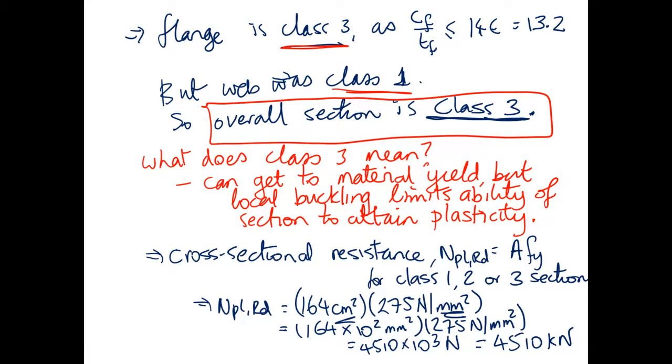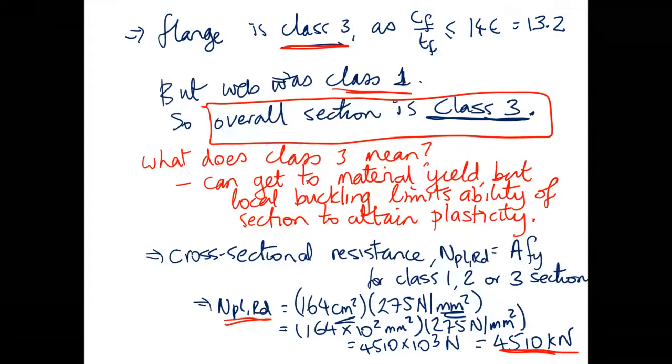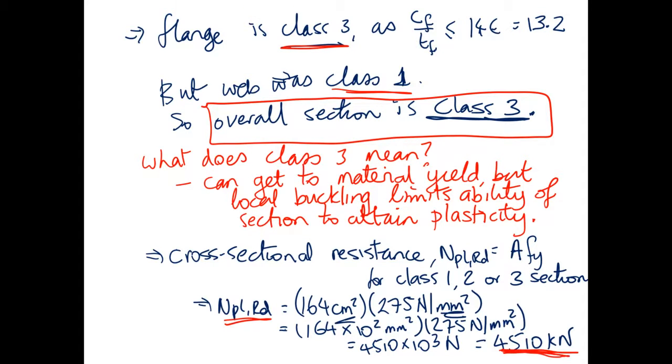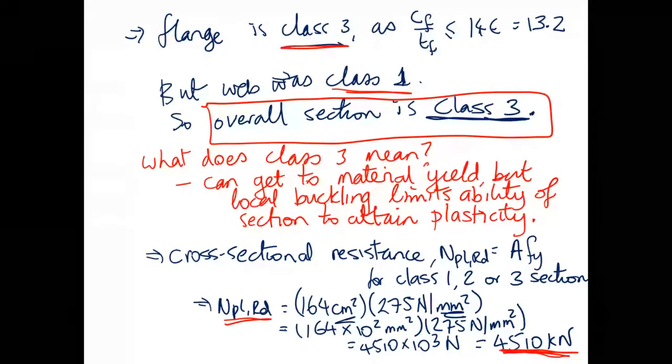So that's the cross-sectional resistance. In other words, that's how much compression load the member could take if we don't have any global buckling. So the next thing we have to check for is global buckling. We've checked for local buckling, and we're not really affected by it. The local buckling might happen just after yield, so we can use the full cross-sectional resistance as per the yield.